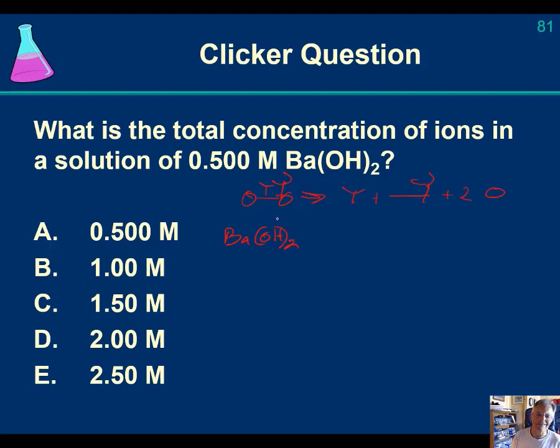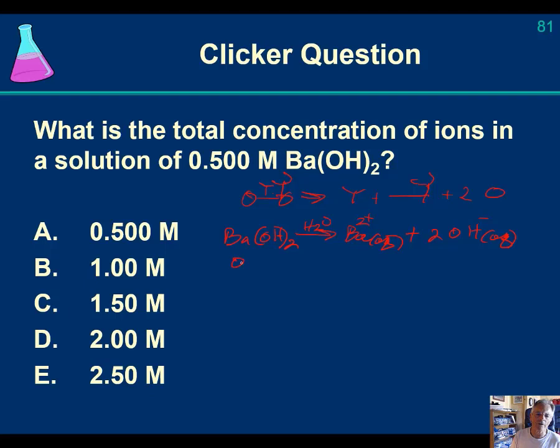It's a dihydroxide type of base. So when I put this strong base into good old H2O, I wind up with 1 mole of barium in aqueous solution. I wind up with 2 moles of hydroxide in aqueous solution, assuming that we have complete dissociation.